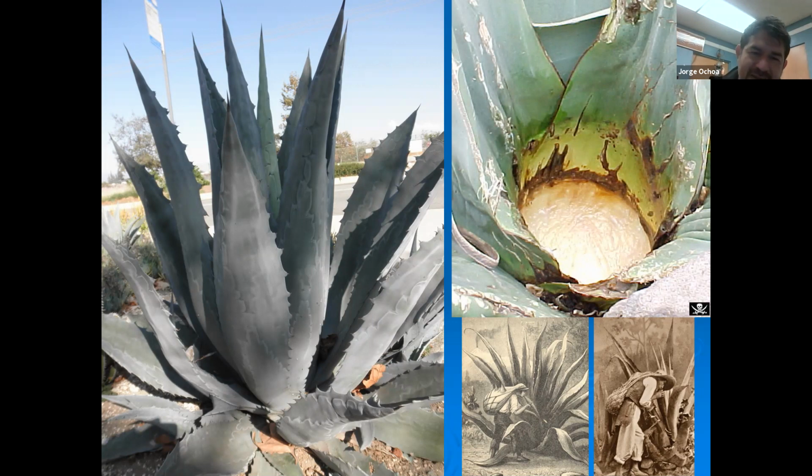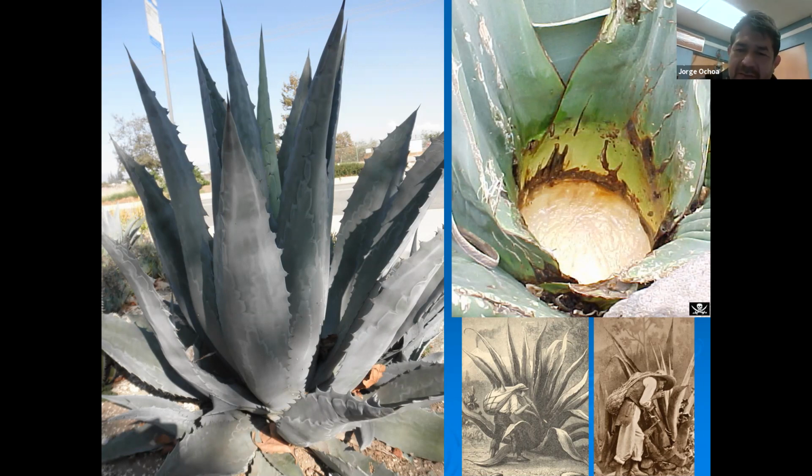So what happens is that in order for them to get some of the water from the agave, when it starts to flower, they'll cut off the flower, then they'll cut the leaves, and then scrape the heart. As a response to the injury, the agave is going to release a liquid.